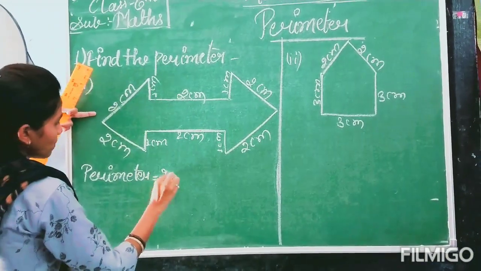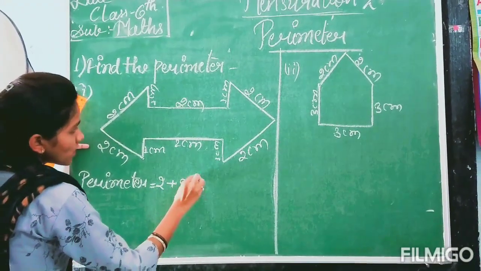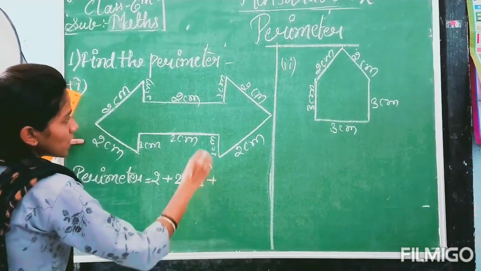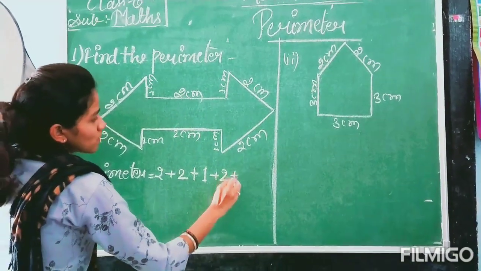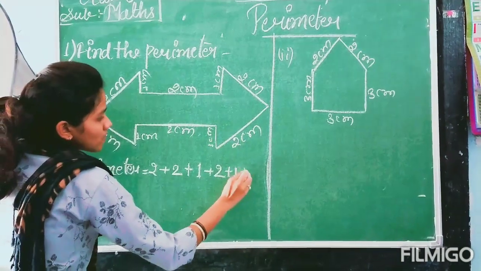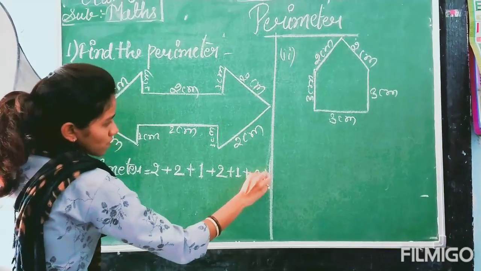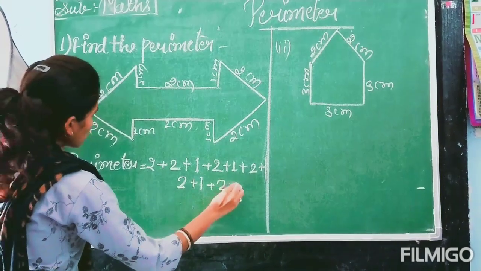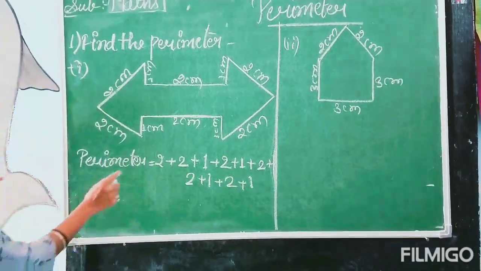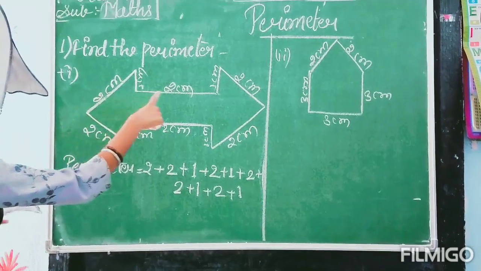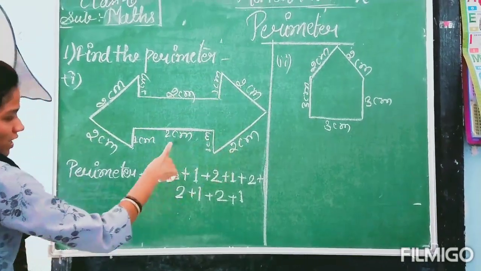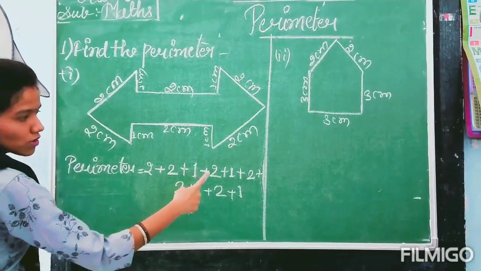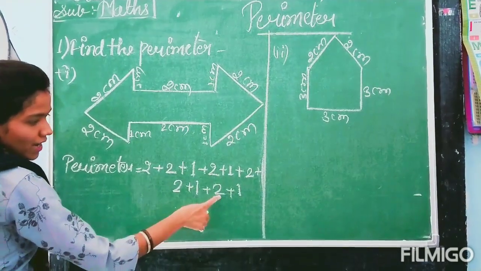2 plus 2 plus 1 plus 2 plus 1 plus 2 plus 2 plus 1 plus 2 plus 1. Count the 2s: 1, 2, 3, 4, 5 and 6.